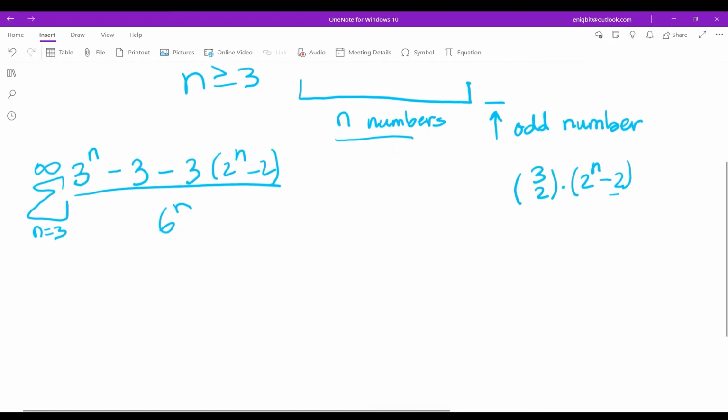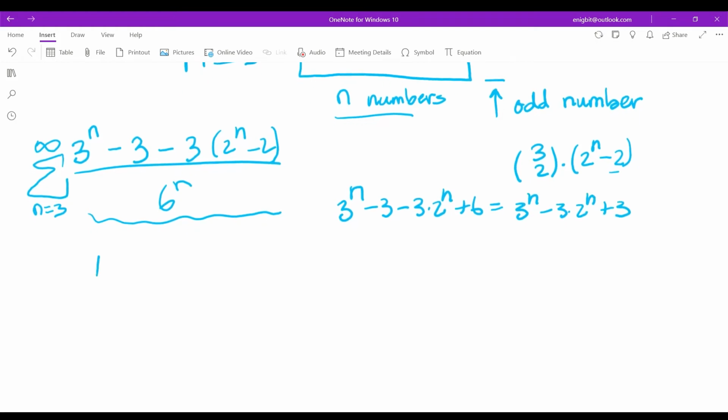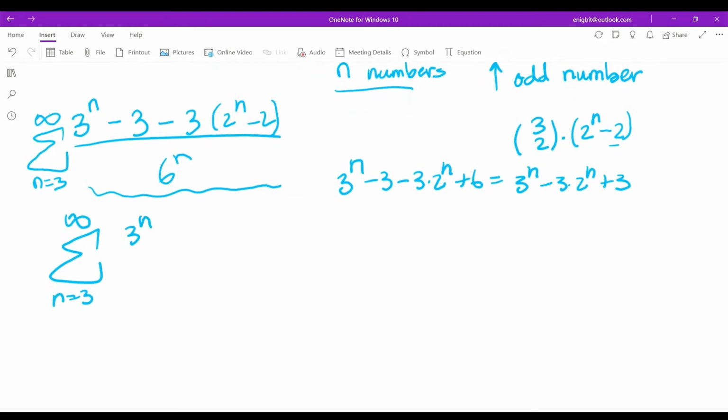And let's evaluate this small part right here. So this part right here is just 3 to the n minus 3 times 2 to the n plus 6, minus 3, which is equal to 3 to the n minus 3 times 2 to the n plus 3. So what we end up with is the sum from n equals 3 to infinity of (3 to the n minus 3 times 2 to the n plus 3) over 6 to the n.